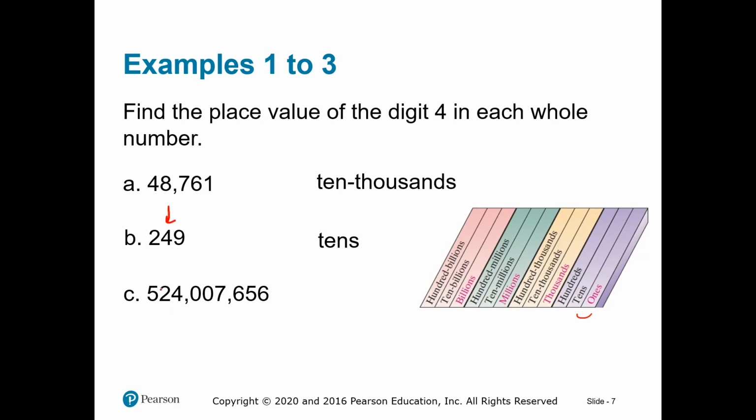Trying to identify this 4. So that is, let's see, 3, 6, and 7 spots over. So that's ones, tens, hundreds, thousands, 10,000s, 100,000s, and then millions. Okay, so that is in the millions place, which is what is identified right there.